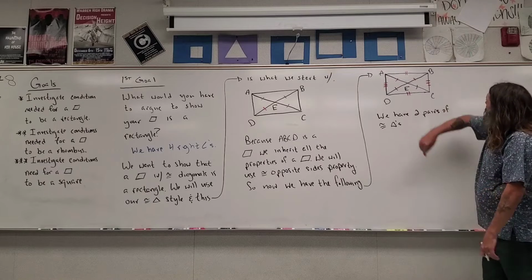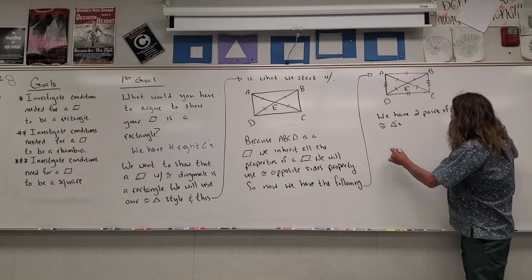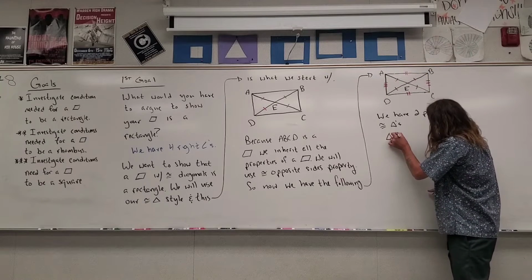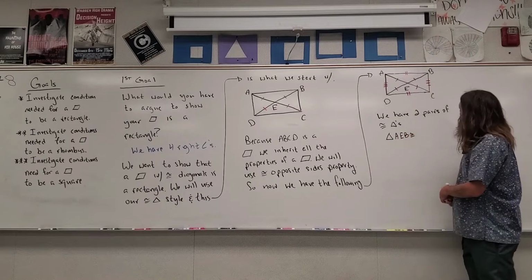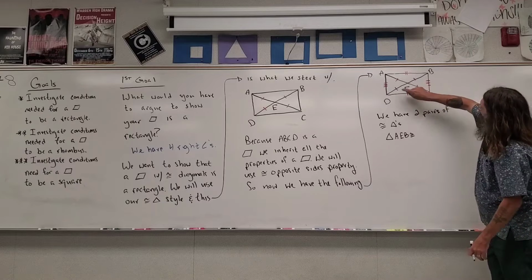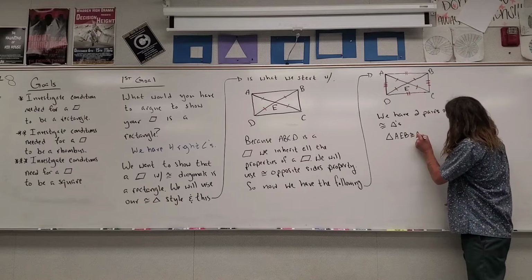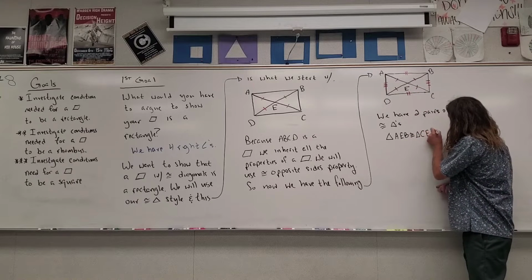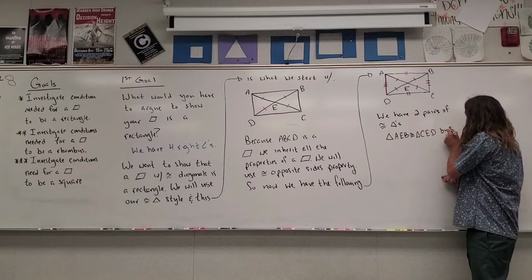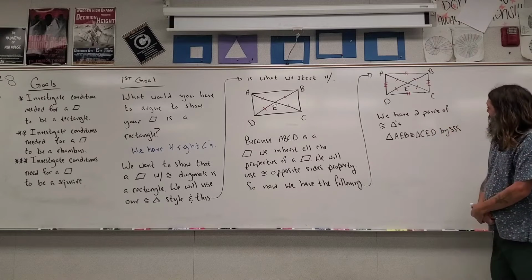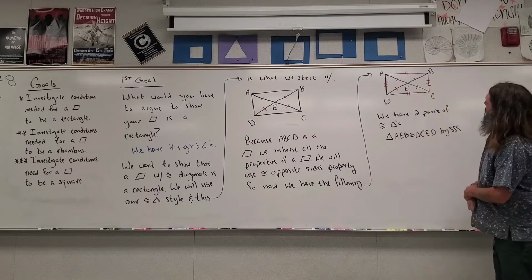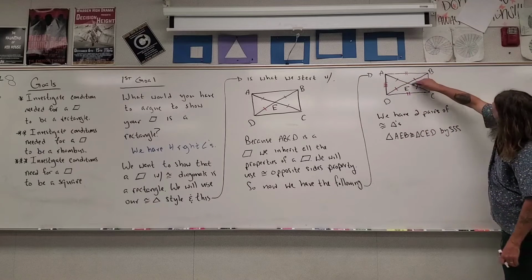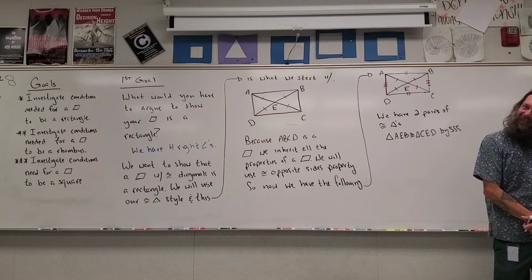First, we have triangle AEB is congruent to triangle CED. And this is by side, side, side. Secondly, we have triangle AED is congruent to triangle BEC, again by side, side, side.